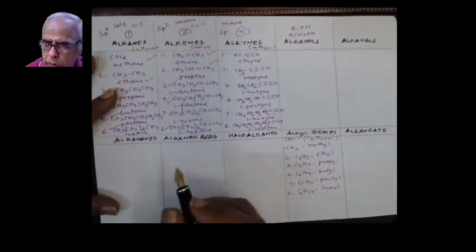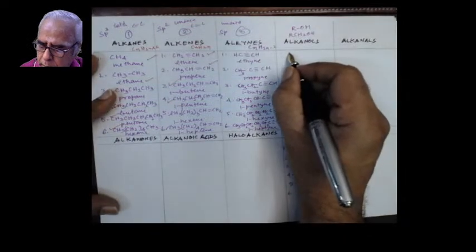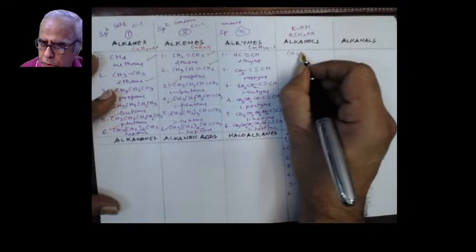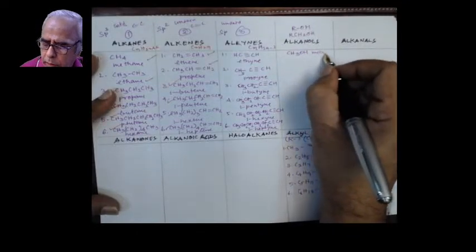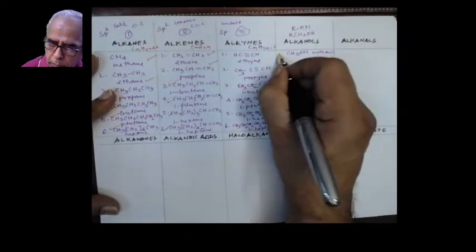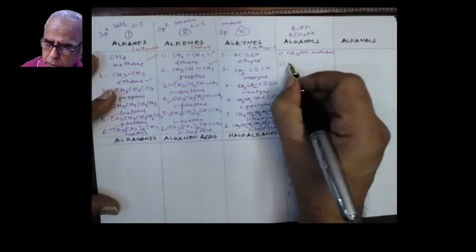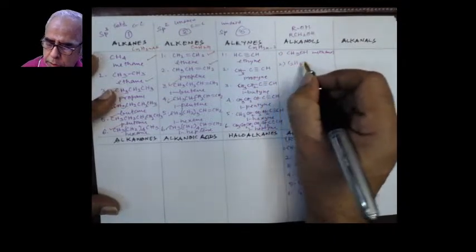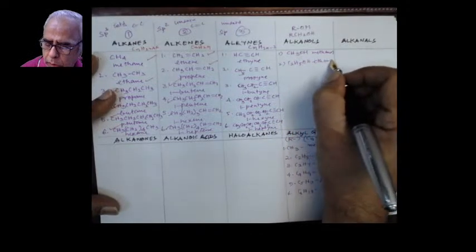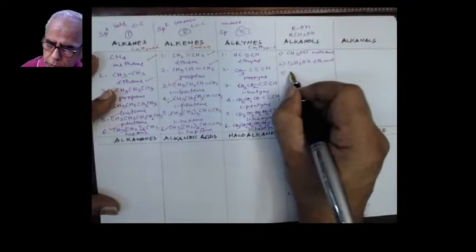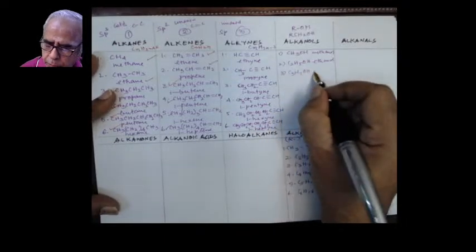They are called alcohols. Alkanols means alcohols. So the first member is CH3OH. What is this? Methanol. C2H5OH. What is this? Ethanol. C3H7OH, propanol.